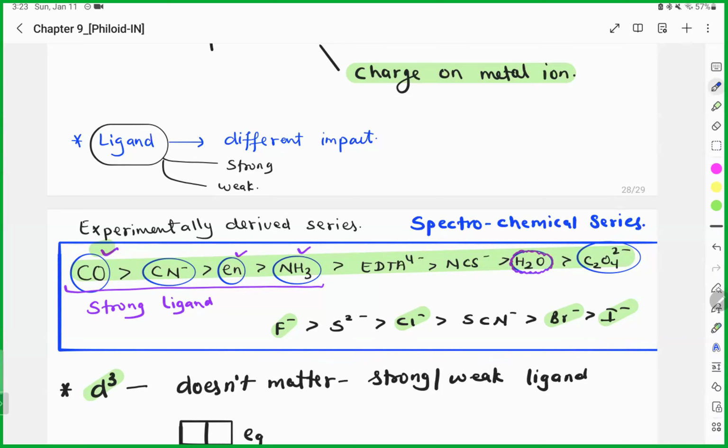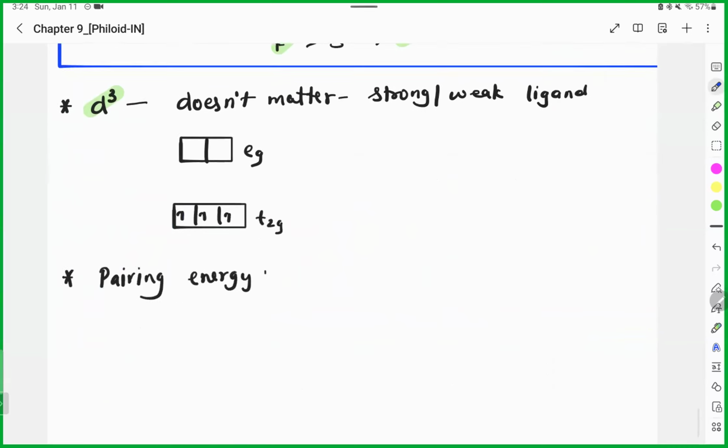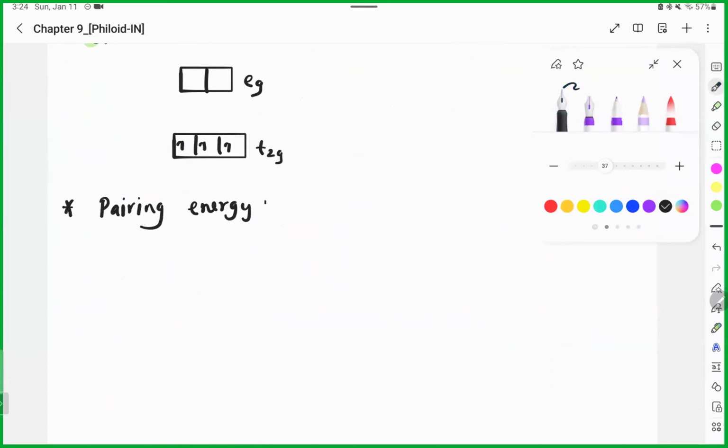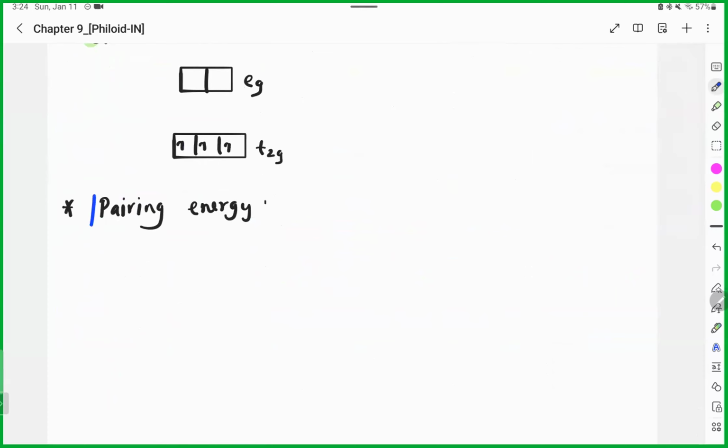So, what is this spectrochemical series? You have multiple chemicals in the form of a spectrum, a big range, and we assign these chemicals based on their ligand power. Are they very strong ligands or weak ligands? Using this spectrochemical series, we will explain this pairing energy.